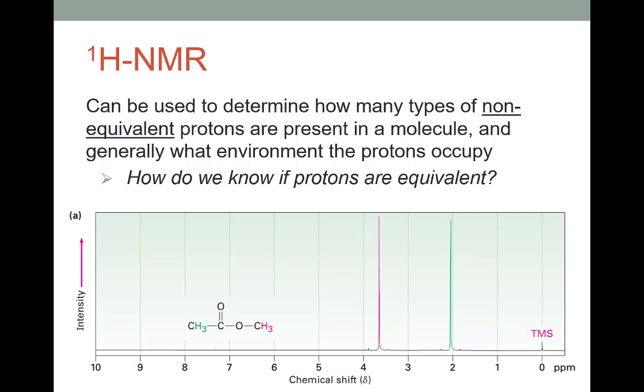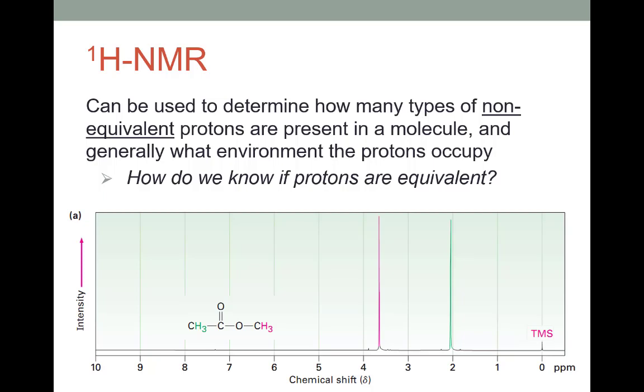The green hydrogens are admittedly close to the ketone or the ester oxygen here, but that carbon is connected directly to another carbon. So we have one more intervening step before we get to that electronegativity. That's why we have a shifted, but not terribly shifted signal.